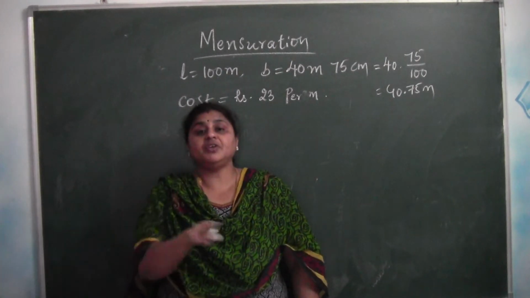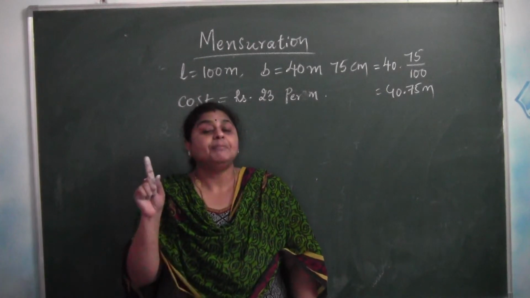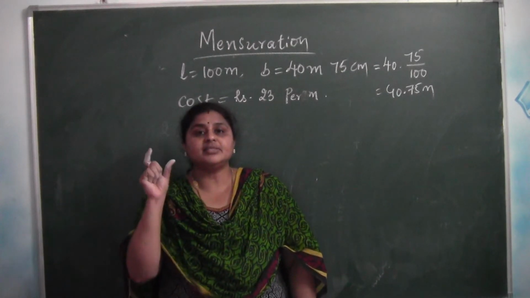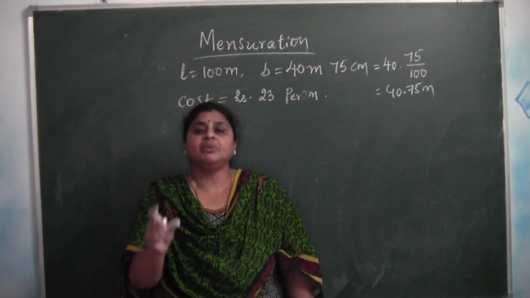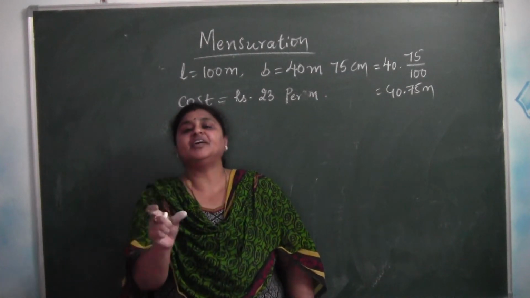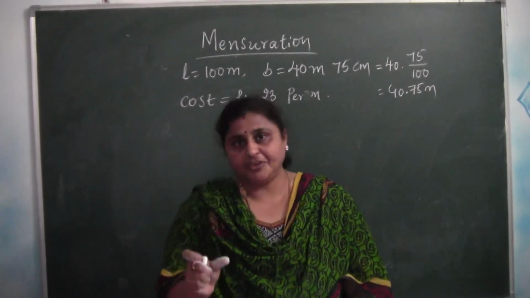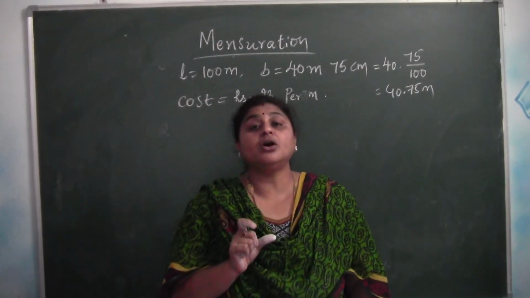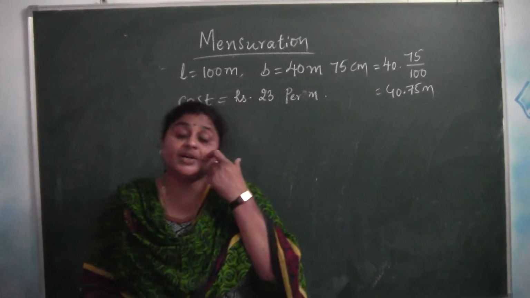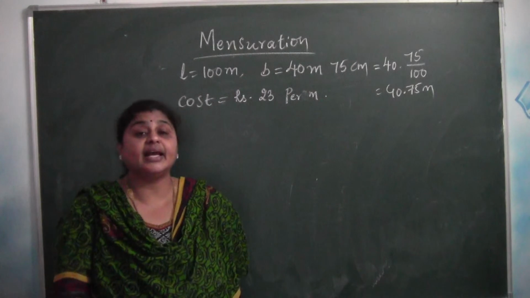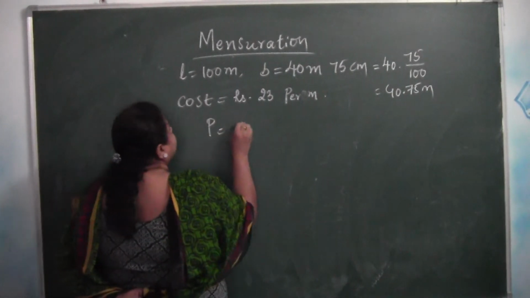If you are checking with a boundary, it means you have to find the perimeter. Always boundary reflects perimeter. So depending on that word boundary, you can identify whether you have to calculate perimeter or area of a rectangle. Since the word boundary is there, what are we going to calculate now? Perimeter.